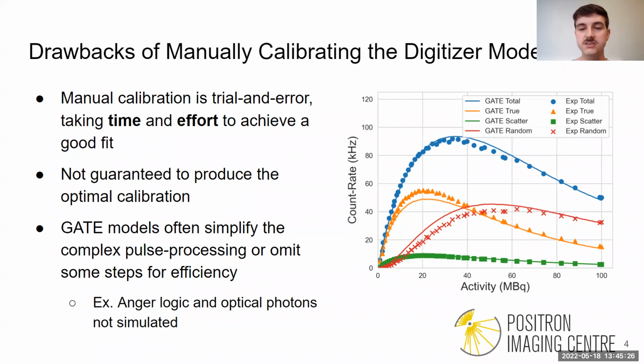And further, we didn't do a simulation of the optical photons in order to simulate that as well. And all of these contribute to little inconsistencies between a real detector and what would be found in a GATE model. Nevertheless, you can still achieve quite good calibrations of your digitizer to the experiment.